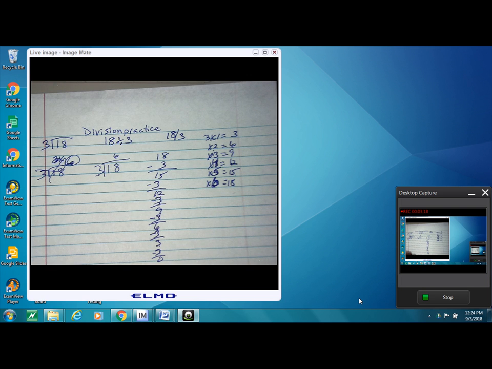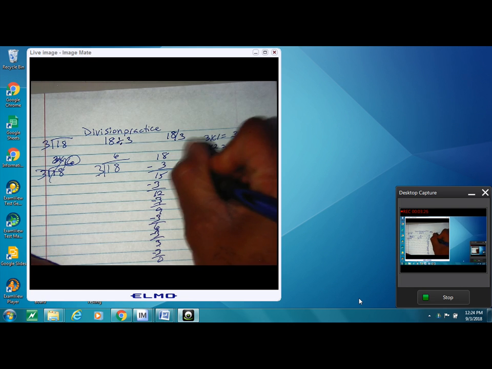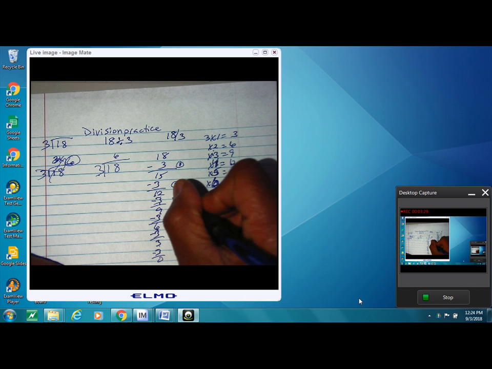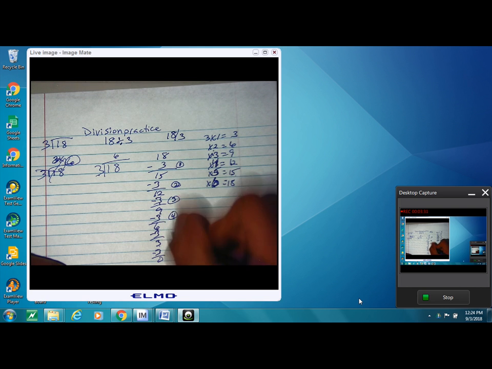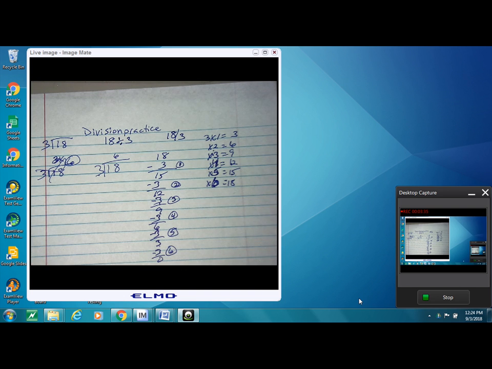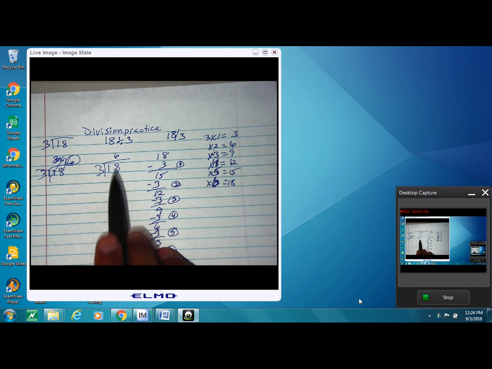Now, if I have 0, can I take away 3? The answer is no. And now we go back and we count the number of times we took away 3. 1, 2, 3, 4, 5, 6. So how many times did we take away 3? The answer is 6. 18 divided by 3 is 6.